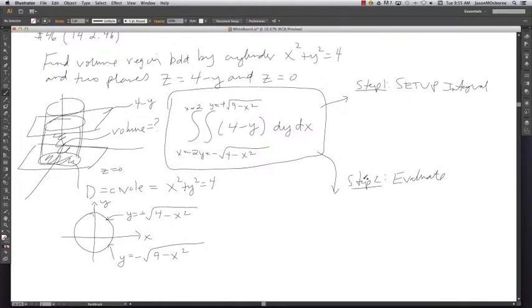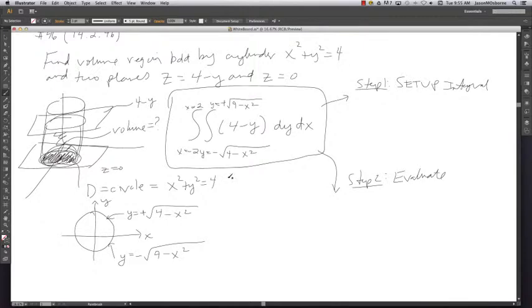What makes this problem rather difficult is that this region D is a circle, and that causes us problems when we describe that circle in terms of functions of x. We're introducing square roots into the problem, and let's see what sort of difficulty that causes us.